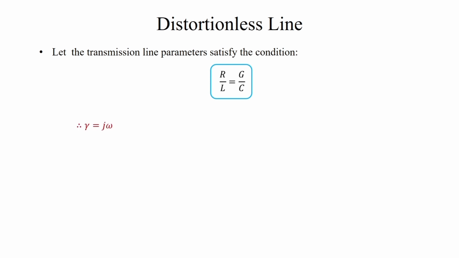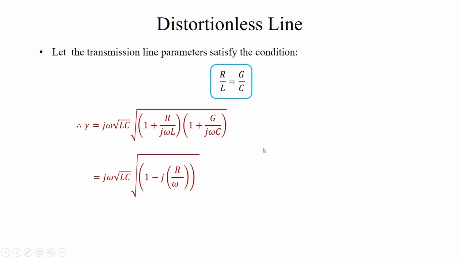In that case, we once again write gamma, the propagation constant, in this form, where we have the terms R by omega L and G by omega C. Then, since R by L is G by C, we can club these two terms and we get 1 minus j R by omega L whole square, and therefore, gamma expression now simplifies to j omega root L C times 1 minus j R by omega L.